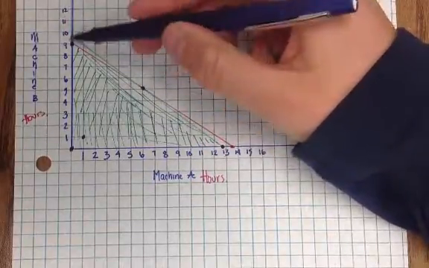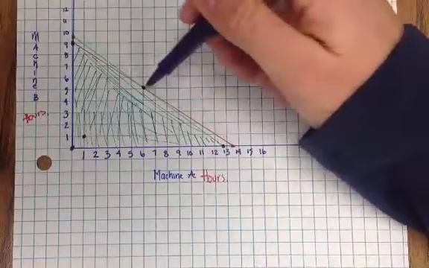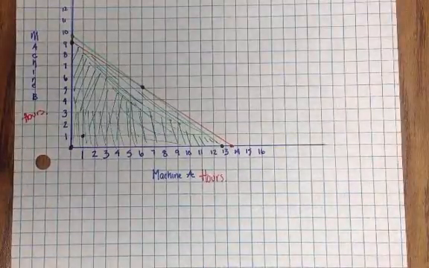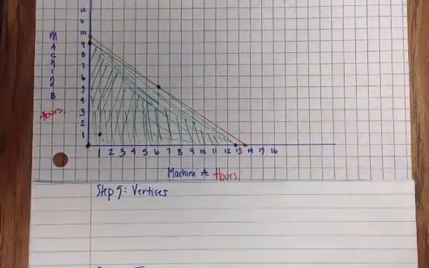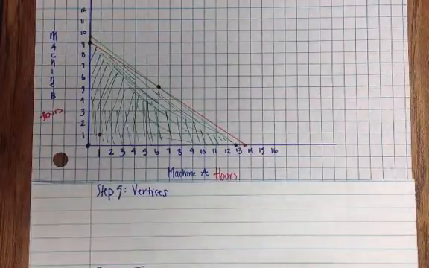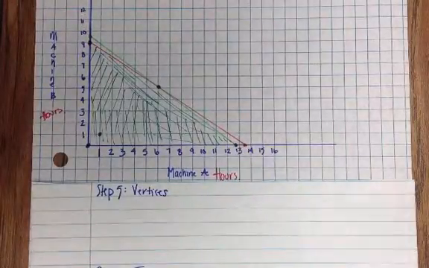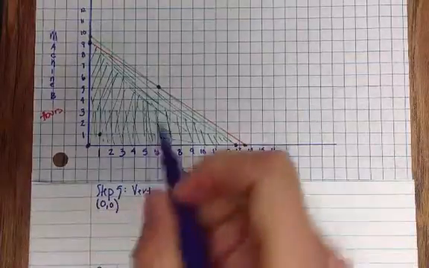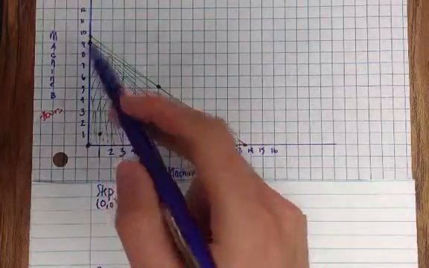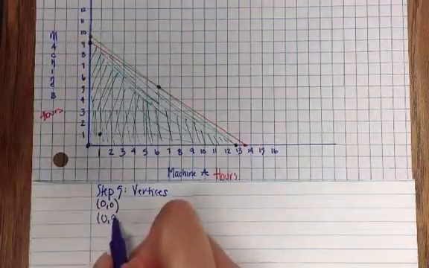So now that we have our 4 vertices, we're going to test them to see which one can maybe produce that minimum amount of hours. So now we're going to record our vertices. So our first vertice that we have here is 0, 0. Our next vertice that we have is 0, 9.